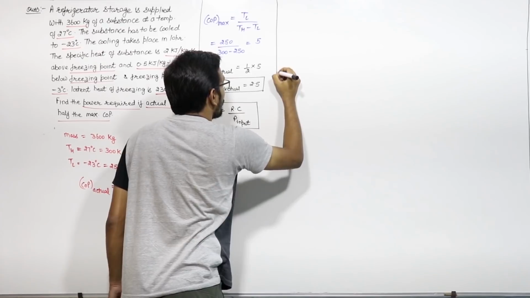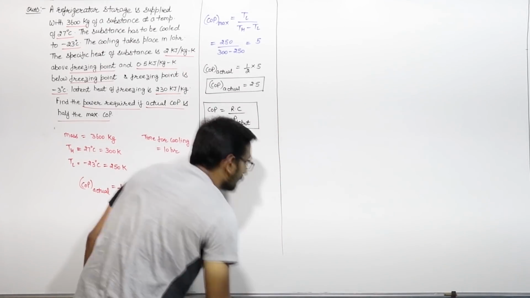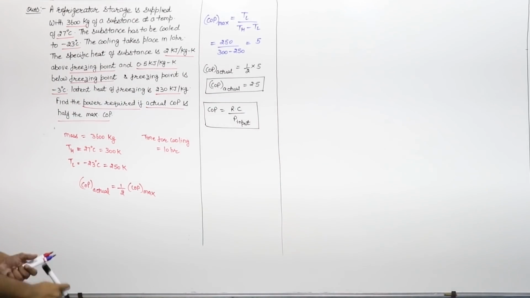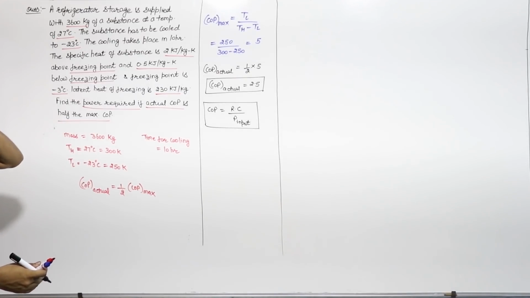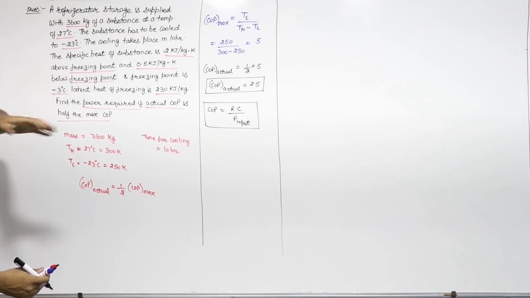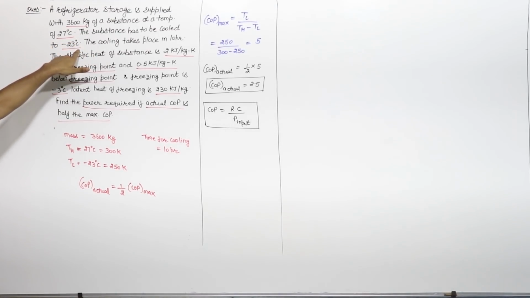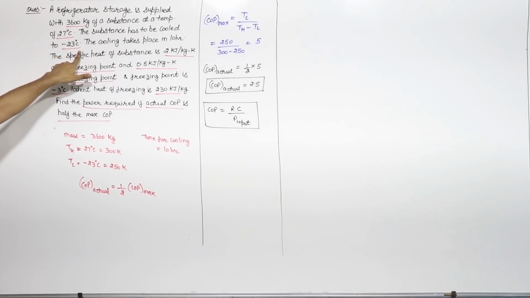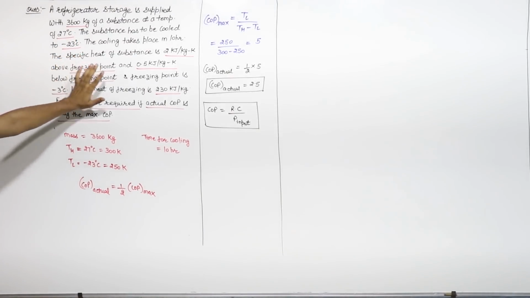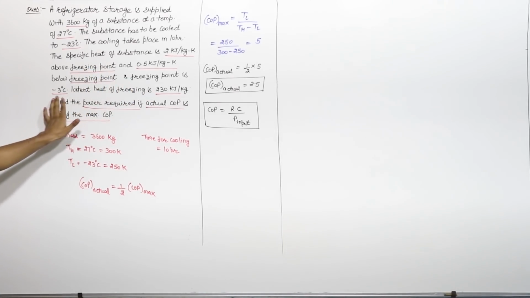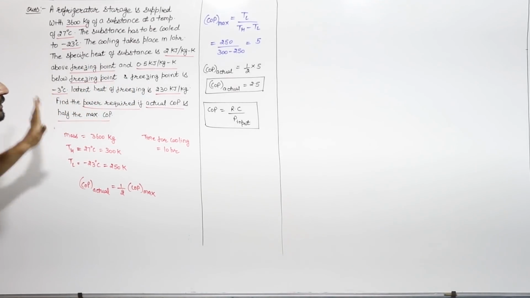Now pay attention here. What is happening in this? We have a substance at 27 degrees Celsius and we have to decrease it to minus 23 degrees Celsius, and the freezing temperature is minus 3 degrees Celsius.